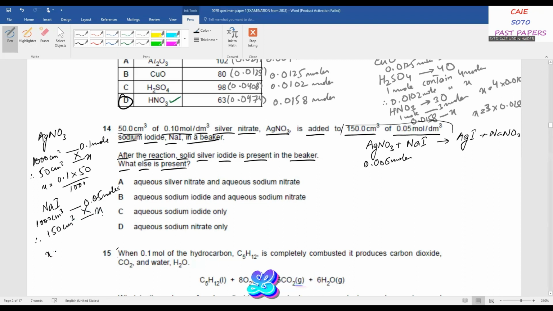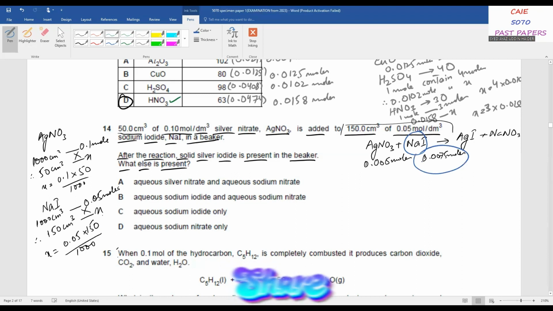So x is equal to 0.05 multiplied by 150 divided by 1000. So what do we get? 0.0075. That clearly indicates that of both reactants, sodium iodide is in excess.